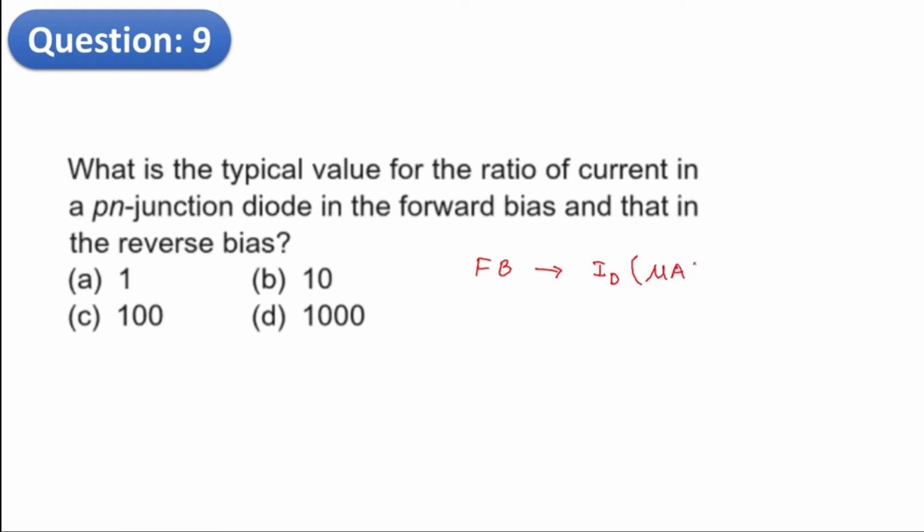In the case of reverse bias, the unit of diode current is nanoampere. So easily we can find the typical value of this ratio, forward divided by reverse. Microampere divided by nanoampere will be 1000. So the correct answer for this question is option D.